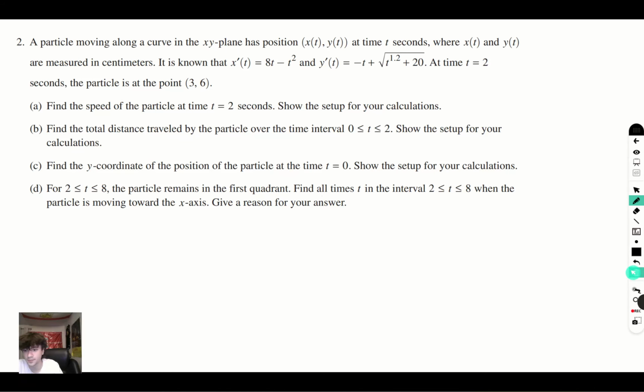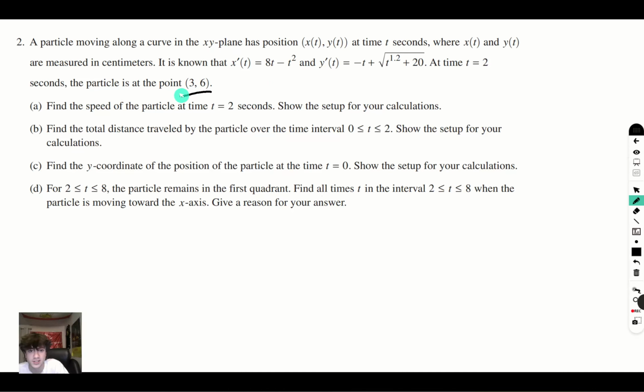All right. The way we're going to do this is we're going to take the integral in both the horizontal and the vertical from 0 to 2 to see how much it has changed, because we know that in 2 seconds it's going to reach this point.